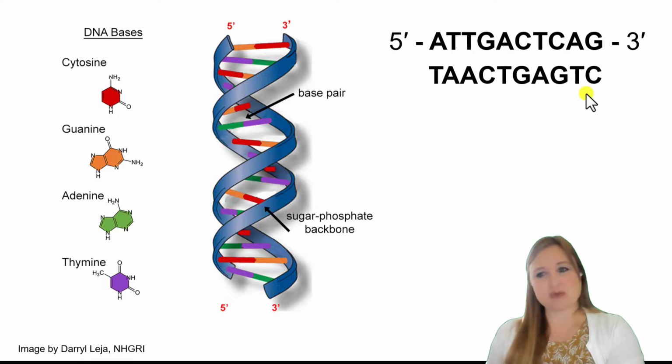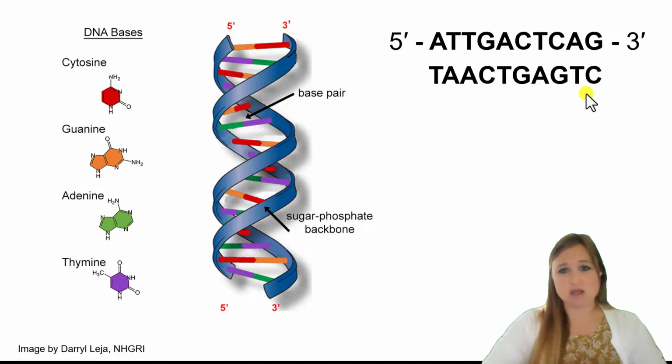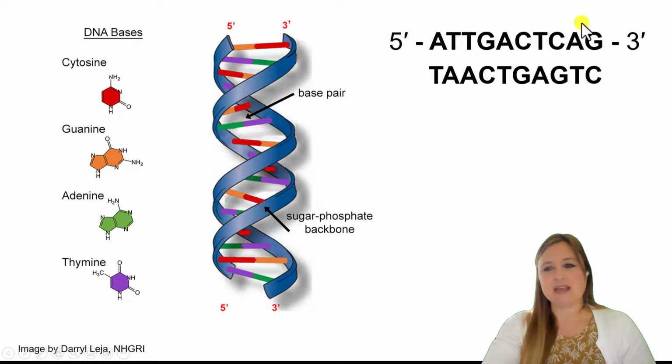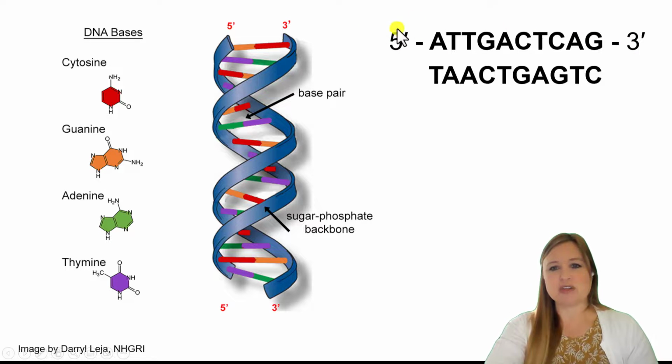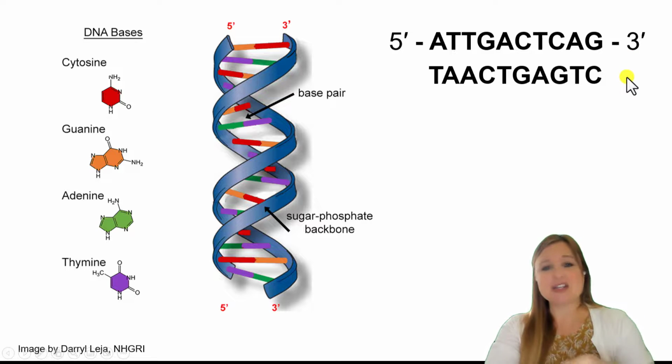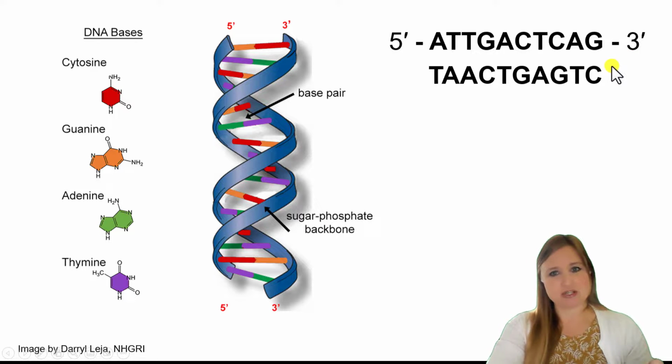Remember, 5' to 3' is going to be in the forward direction. So if this side here of our old strand is 5' and the right side is 3', we know that this piece is going from left to right. Now, we also know that DNA is antiparallel, which means that the other strand goes in the opposite direction.